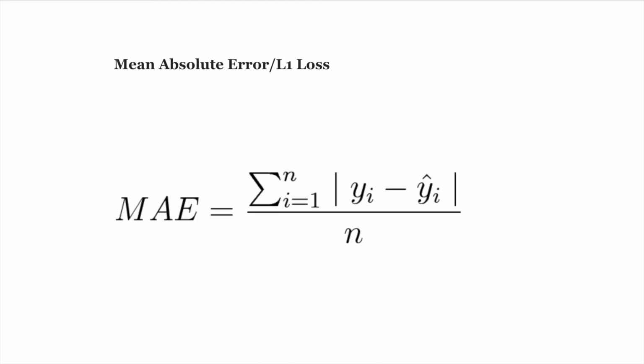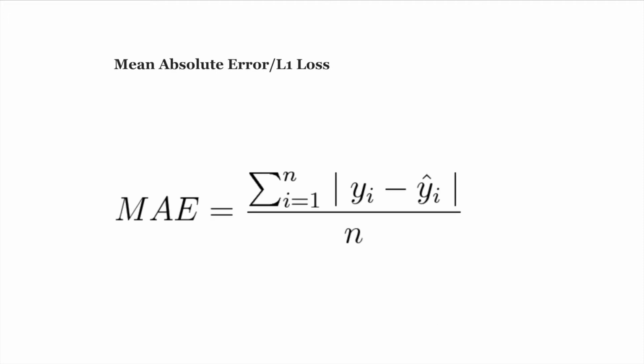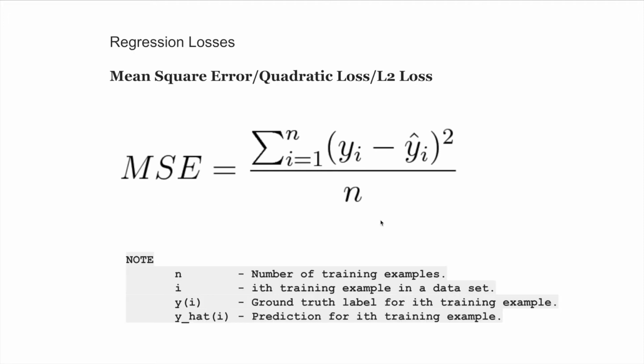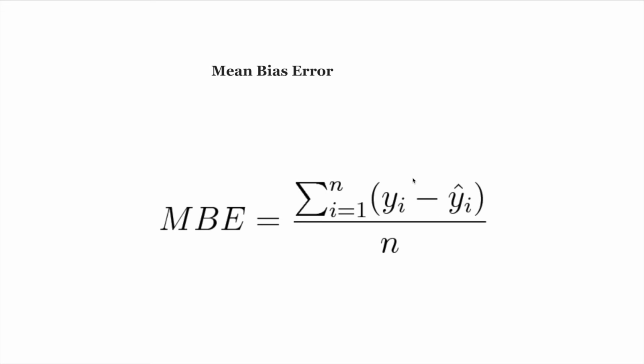So we use it when we need that direction. That is the comparison of the three types of regression losses.